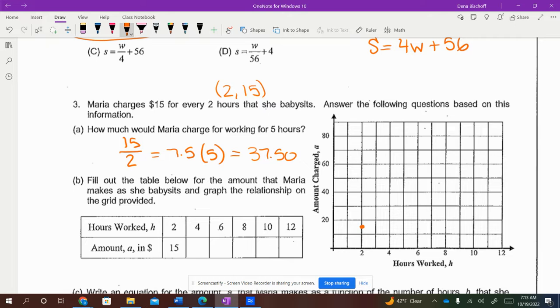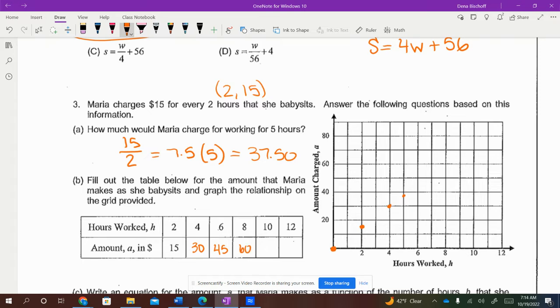So if she worked for 5 hours, she would make $37.50. How much would she make if she didn't work any hours? She would make $0. How much would she make if she worked 4 hours? Well, 4 times 7.5 is 30. So let's plot that point. How much would she make if she worked 6 hours? Well, 6 times 7.5 is 45. 8 hours? 8 times 7.5 is 60.